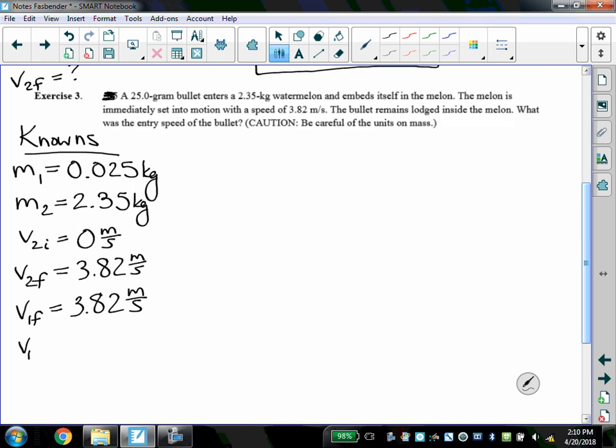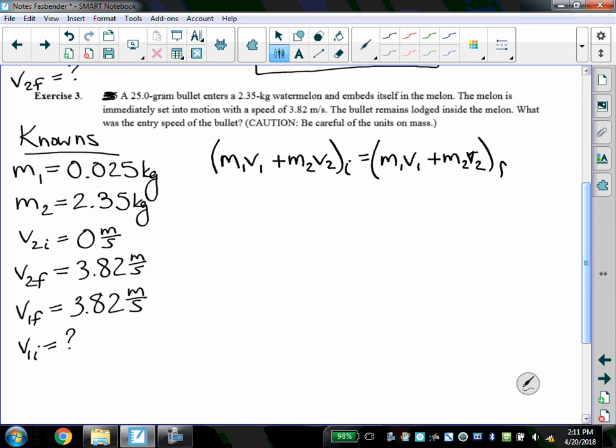And what we want to find, so we want to find how fast that bullet was moving at the beginning. So we'll write our statement of conservation of momentum. Momentum of the bullet plus momentum of the watermelon at the beginning has to equal momentum of the bullet plus momentum of the watermelon at the end.